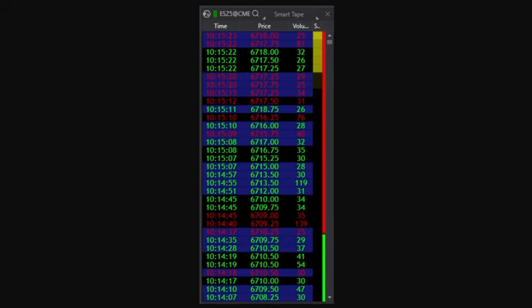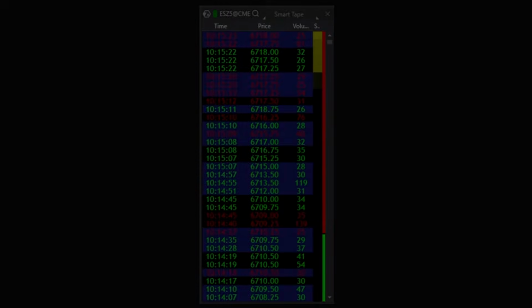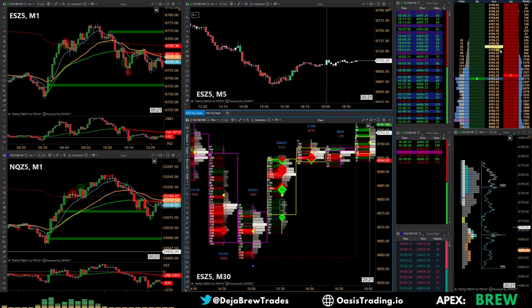If it colors it blue, that is what's known as level 2. To understand level 2, you would obviously have to understand level 1. So what is level 1? Level 1 is when you are looking at the DOM, the depth of market, and we are looking at the best possible offer and the best possible bid.